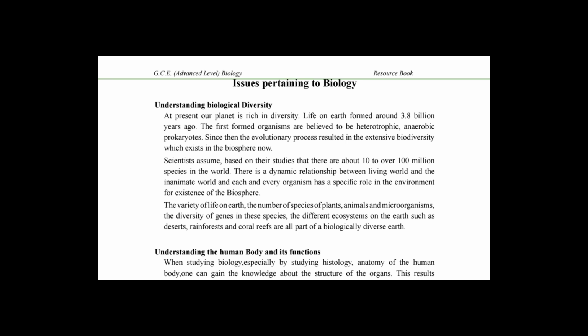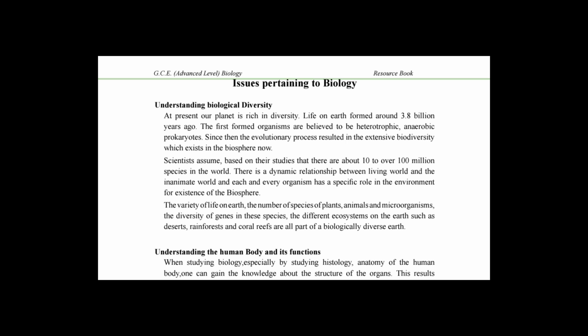So people, life on earth formed around 3.5 billion years ago. Okay, so scientists believe that this is life on earth, not the earth itself. Remember this. We might be studying about formation of earth. So earth formed before a different year, and life on earth formed 3.5 billion years ago.